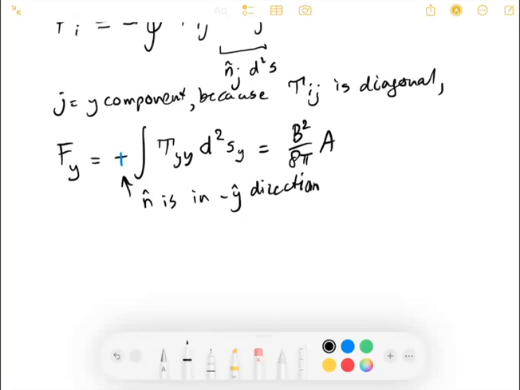So times A, the surface area of one of those faces. Let me make that green. That's the surface area of this face on the left.